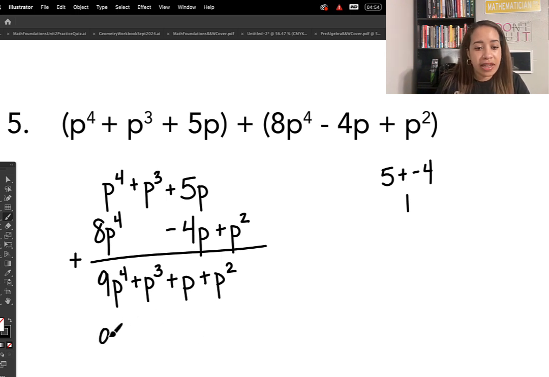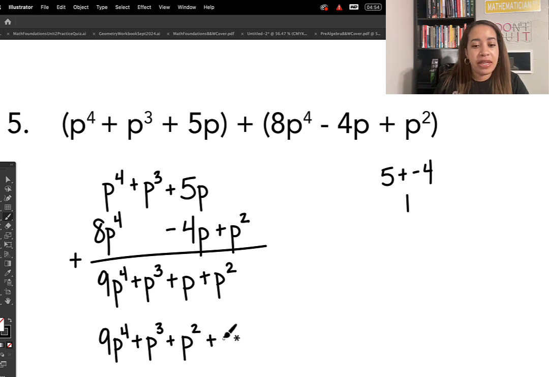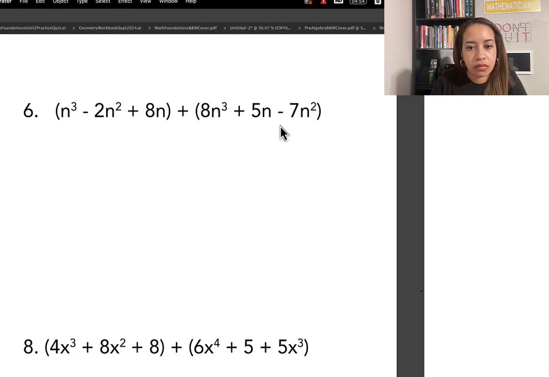So we can write it like this: 9p to the fourth power plus p to the third power plus p squared plus p. So our exponents are in descending order: 4, 3, 2, invisible 1. Both of these answers are correct and they mean the same thing, but this is a more formal answer.